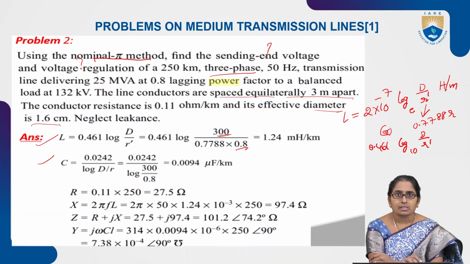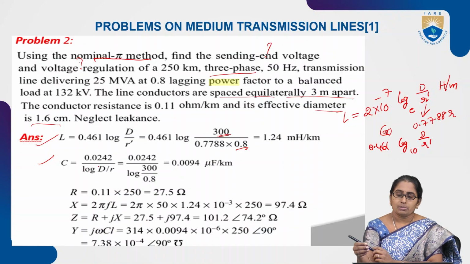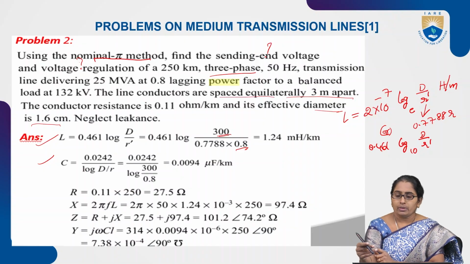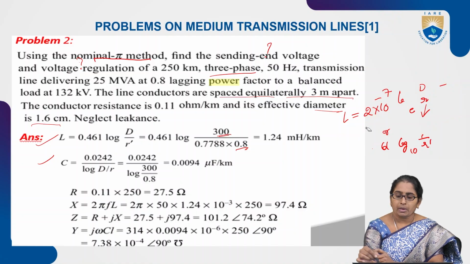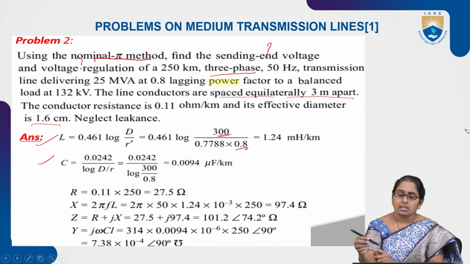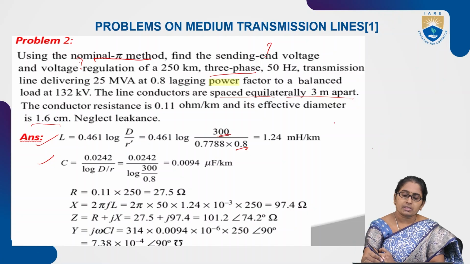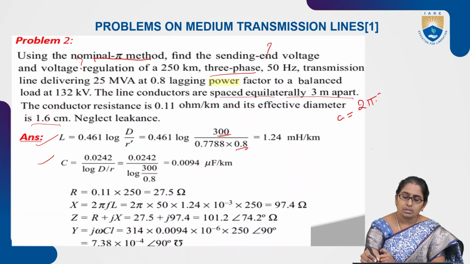Now capacitance. In a similar manner, we recollect the capacitance expression from the previous lectures. For a transmission line, it is given by 2 pi epsilon naught over log base e D by R dash.